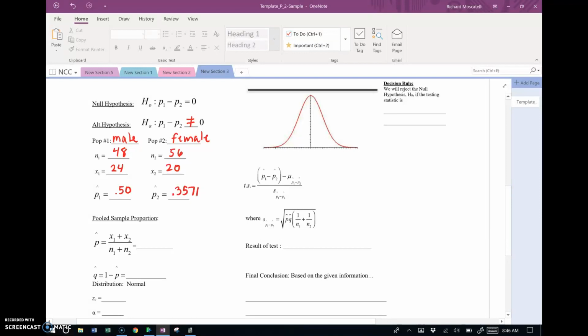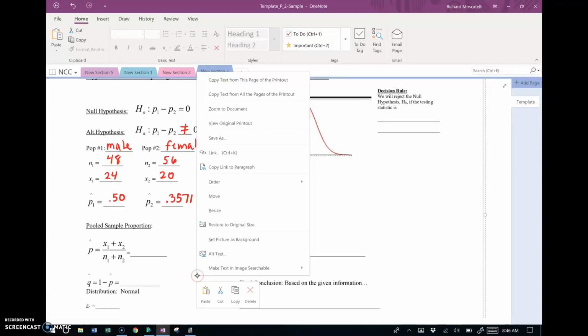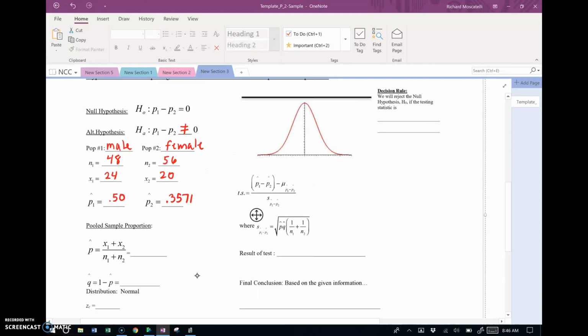Let's go ahead and calculate the pooled sample proportion, which would be 20 plus 24 over 56 plus 48. This will give us our sample proportion, but it's a pooled version of it.